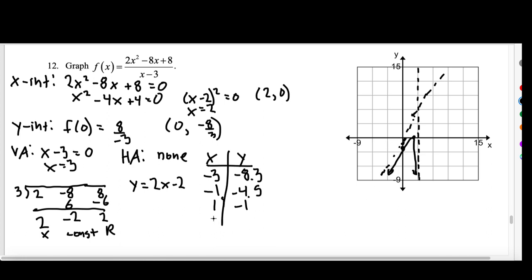If I plug in x equals 4, and this is a value of x on the other side of the vertical asymptote, I'm going to get y equals 8. Okay, 4 is over here, 3, 6, 9. That's going to be right about here. Maybe x equals 5 as well. That gives me 9, which is up about here. So that's going to tell me that up here, the graph is going to look something like this, basically.